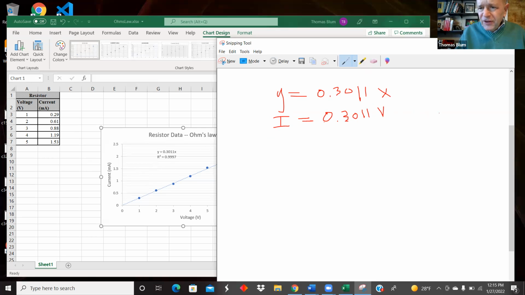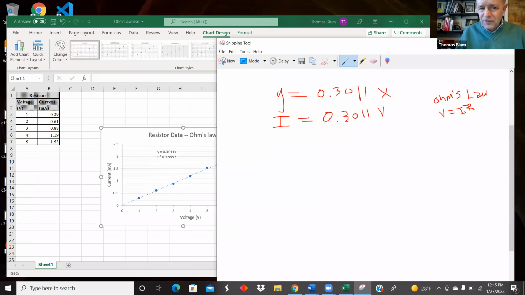But if I'm thinking of the theory, it's Ohm's law. And Ohm's law is usually given as V equals I times R. So what Excel gave us was solved for current, because we followed the convention of putting the thing we control, voltage, on the x-axis.